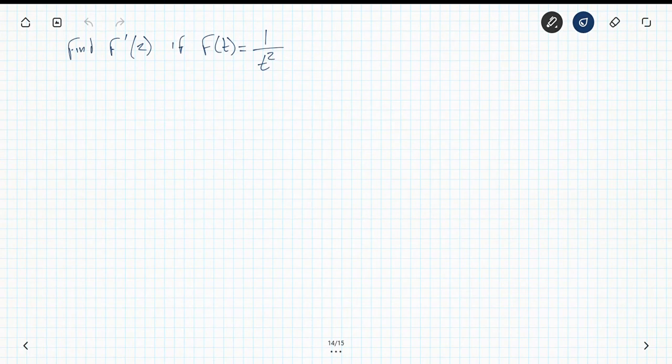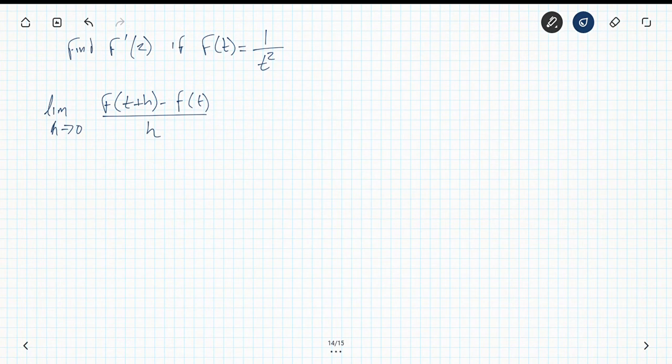This time, notice how our dependent variable is t and not x. So you're going to say the limit as h approaches 0 of f of t plus h minus f of t over h. Okay? And do we know what f of t is? Yes, we do. We do not know what f of t plus h is.